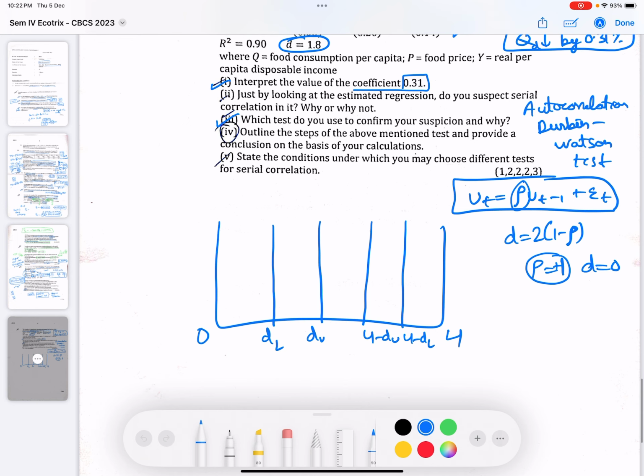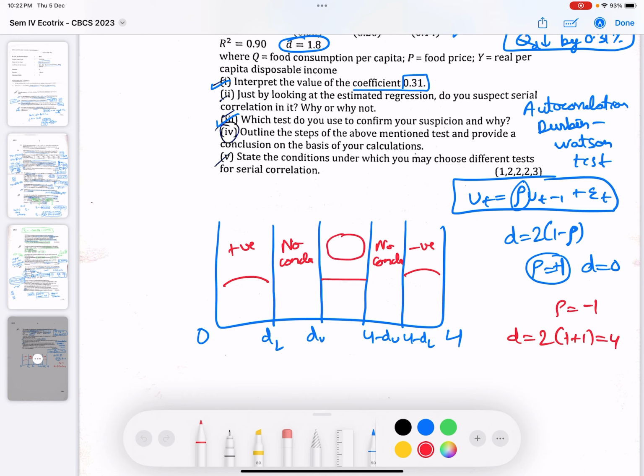So this portion suggests positive autocorrelation, and this portion would suggest negative correlation, because if rho is minus 1, d equals 2 times 1 plus 1, which is 4. This is a zone of no conclusion, and this is also a zone of no conclusion.